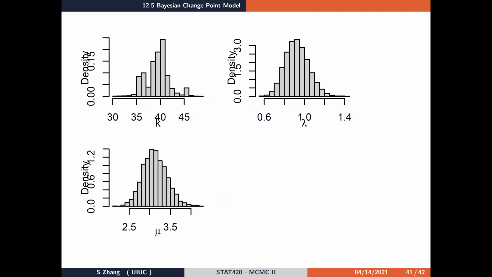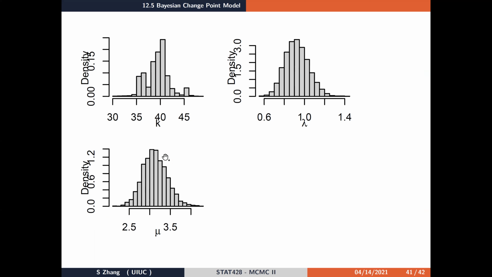And here are the posterior densities of the three parameters. You can see that the posterior mode of k is somewhere around 40. The posterior lambda has a mode that is somewhere close to slightly less than 1. And for mu, you can see that the posterior density is centered somewhere around 3, I think.